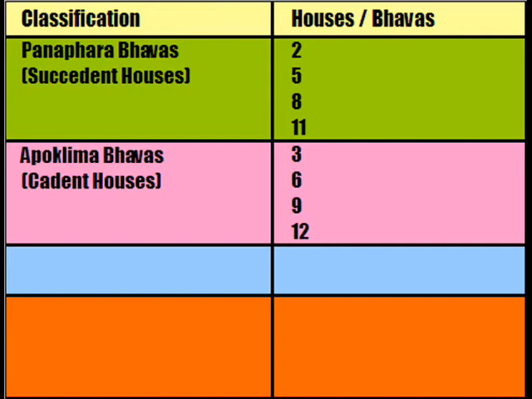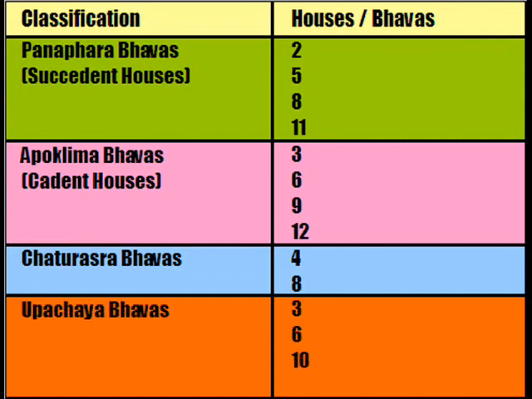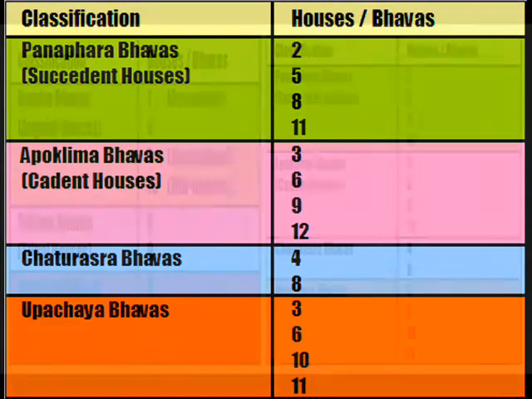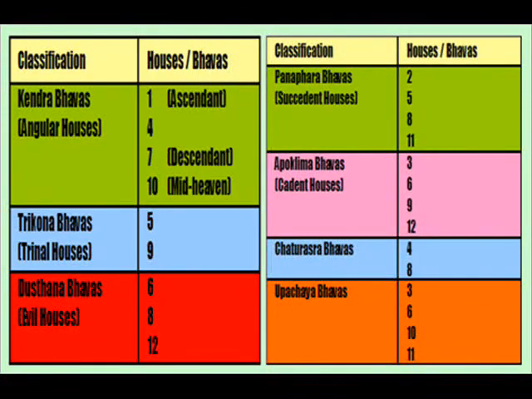Then we also have the Chaturasra Bhavas, which are houses 4 and 8. And lastly, the Upachaya Bhavas, which are houses 3, 6, 10 and 11. I will give you the general signification of the houses in the next video.